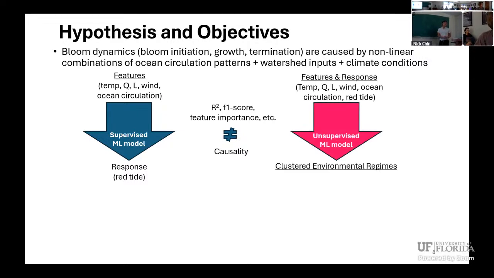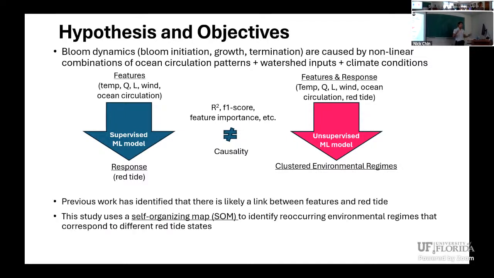So the objective of this work is to take all of the features and responses, in other words, our temperature and watershed conditions and red tide, and try and cluster them into these environmental regimes. And so the study uses self-organizing maps to identify these reoccurring environmental regimes that correspond to different red tide states.